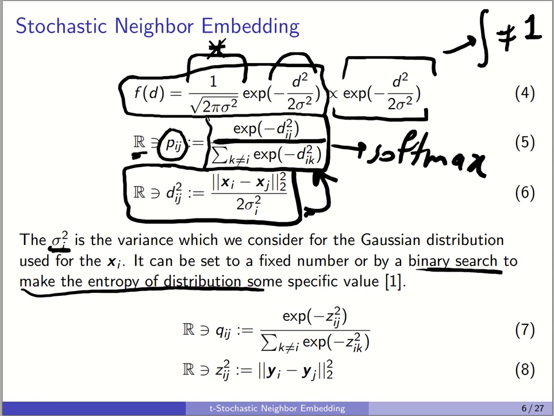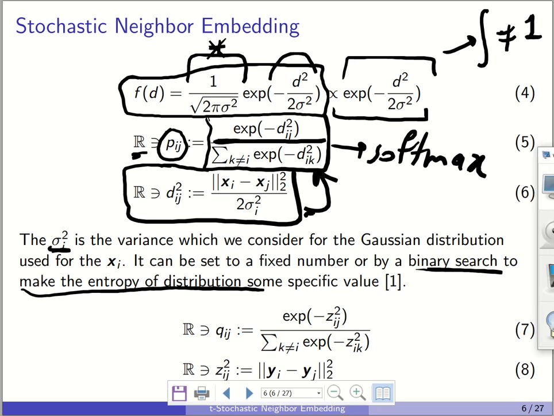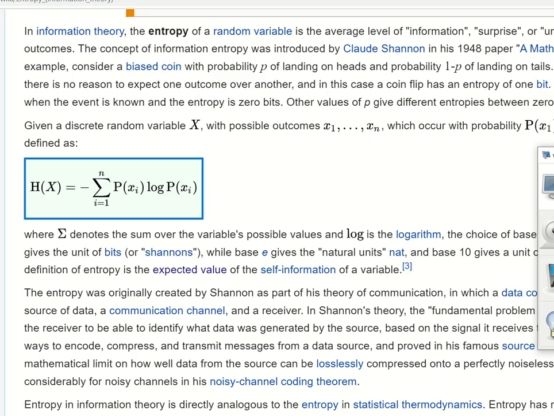What was the entropy of a distribution? The entropy I showed. This is the definition of entropy from Wikipedia, and as you can see, we have minus summation of p log p. So what was p here in our case?